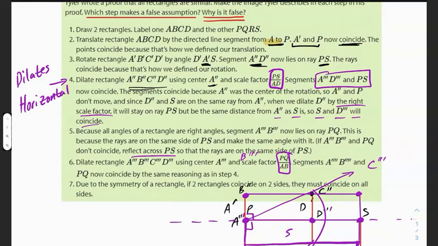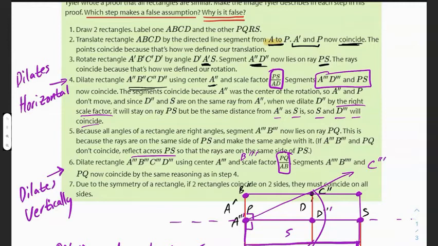But then later on, he dilates the rest of the rectangle vertically. So that's where he messed up. Okay, so dilations do not occur separately.